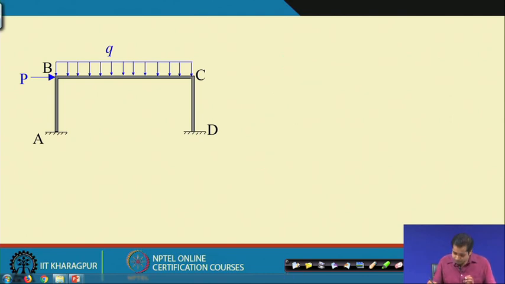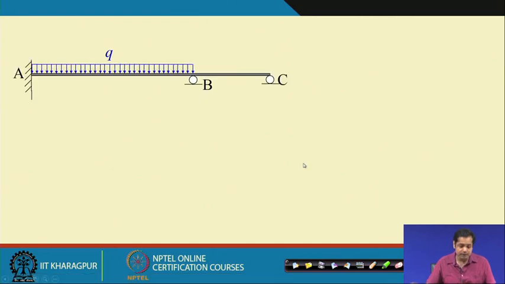Now, the detailed discussion is on how these force displacement equations are to be written for different members. For instance, in the previous beam case, all these members are horizontal members, so the orientation of all the members, AB and BC, is the same.